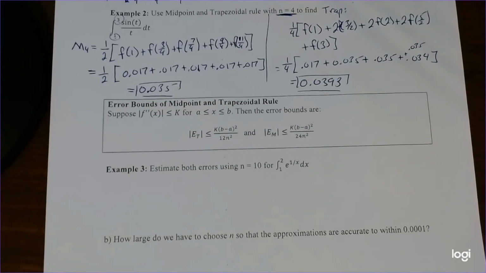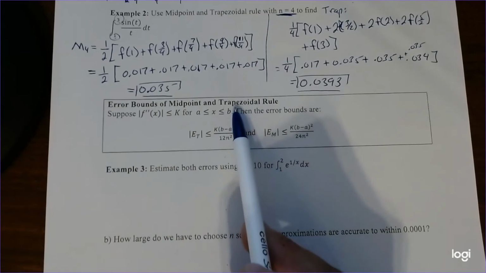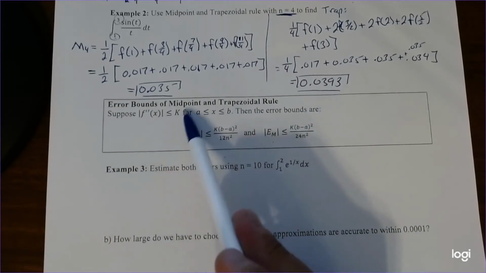This one says, suppose the absolute value of the second derivative of f(x) is less than or equal to some value k for all x between a and b. Then the error bounds, meaning you can find the error within this portion, are given by the absolute value of E sub T, which is the trapezoidal one, and E sub M represents the midpoint.